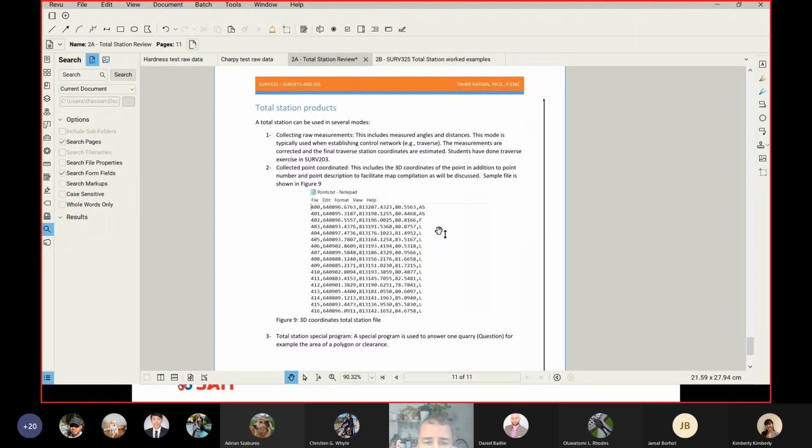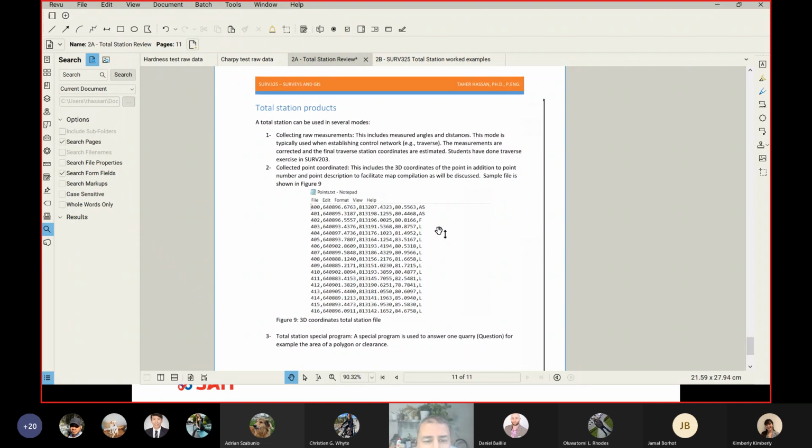And we collected those raw measurements when we surveyed the traverse. But remember, after you survey the traverse and adjust the traverse, it means remove all the errors in the angles and distances, and now you have coordinates. Now we can start our regular survey, and we survey manholes, electrical posts, any feature on site.